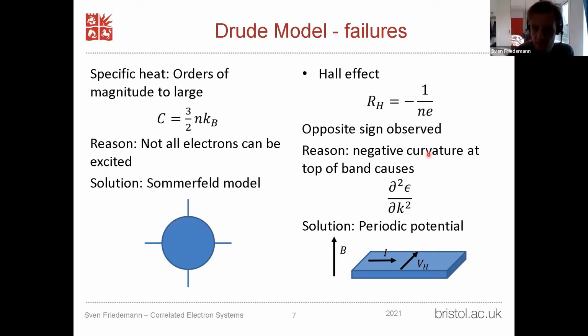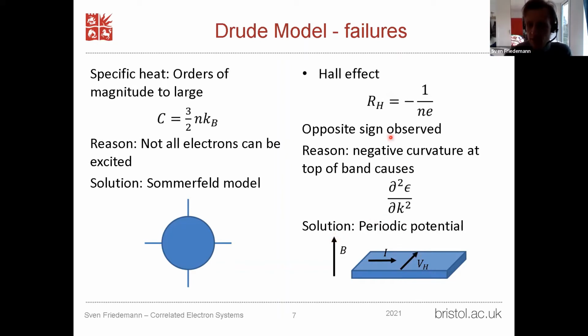Another failure of the Drude theory is the Hall effect. You could extend the conductivity theory that I've discussed on the previous slide to include the effect of a magnetic field, and you will come up with this equation. The Hall voltage is the transverse voltage arising under a current and a perpendicular magnetic field in a material.